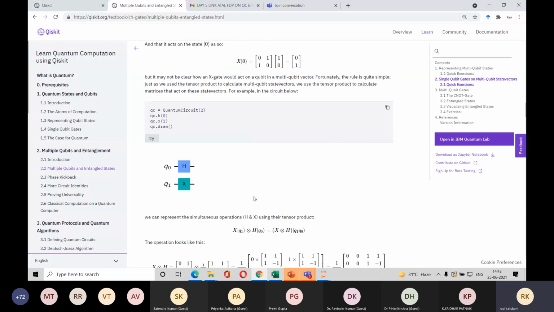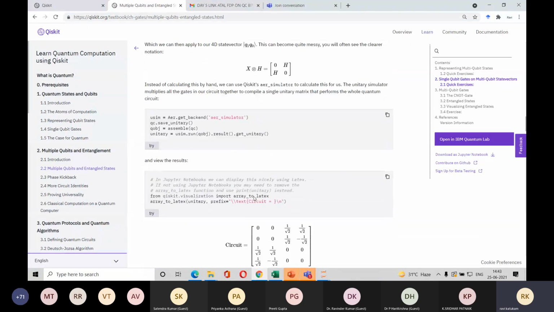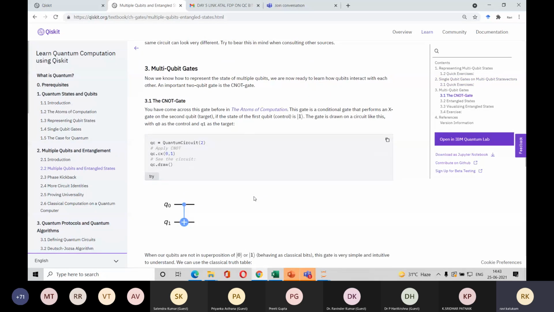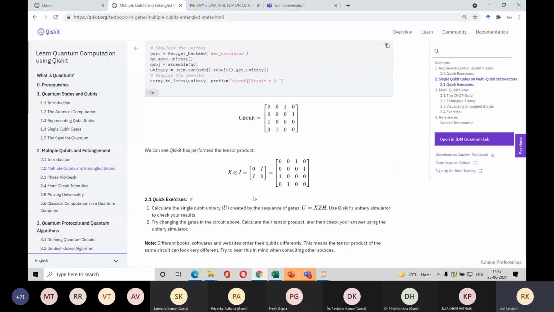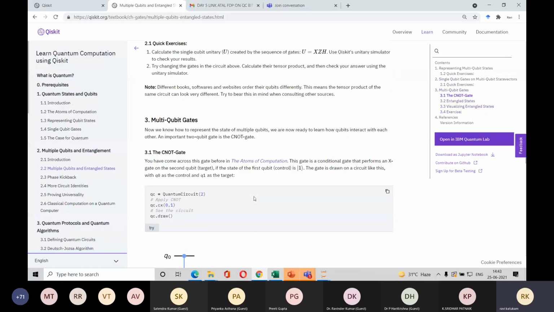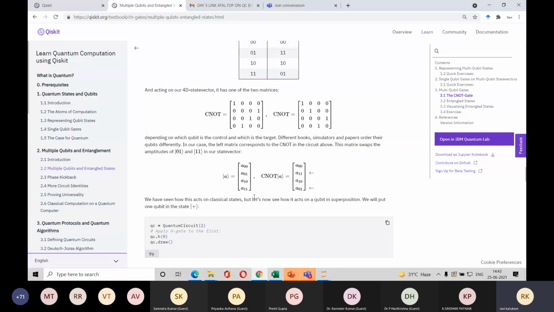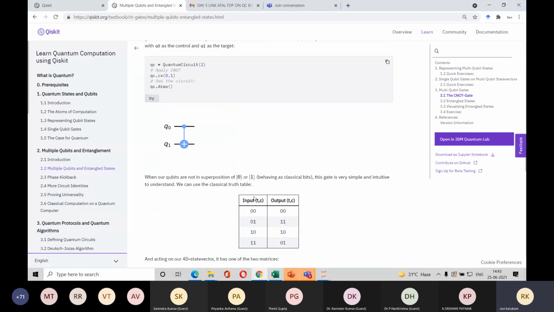The same thing you can plot in state vector. You can apply single qubit gates on the multi-qubit system at individual level. So that is one. There are quick exercises, and we can try out these exercises. In a multi-qubit system, one reason why we want to go for it is to achieve an entangled state of the quantum system.